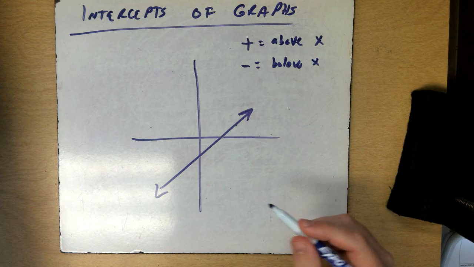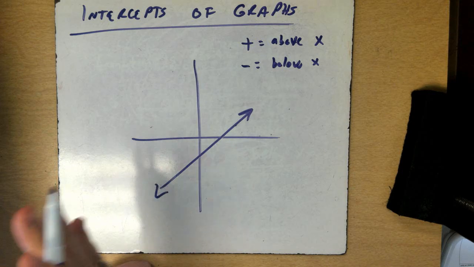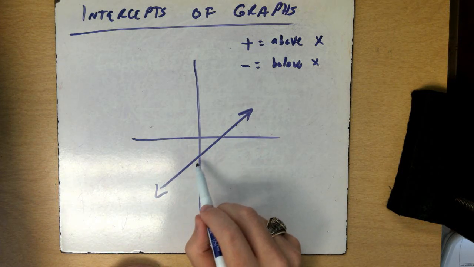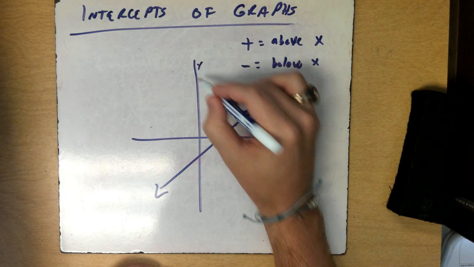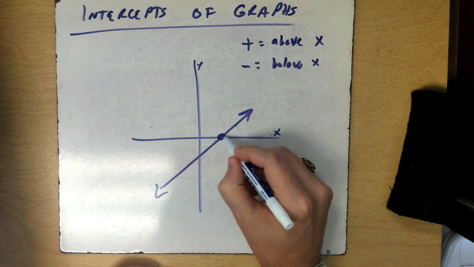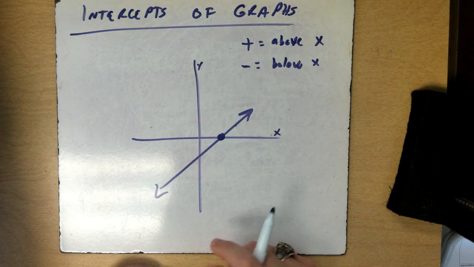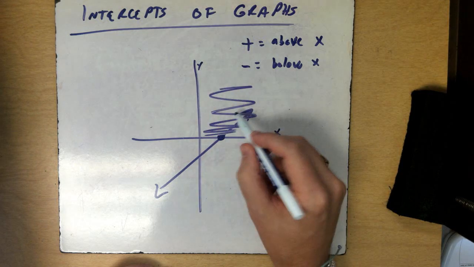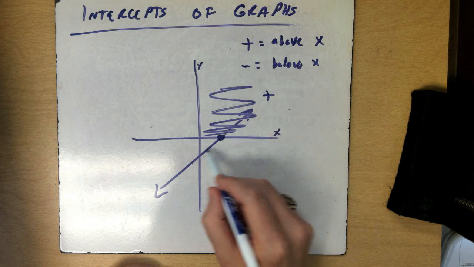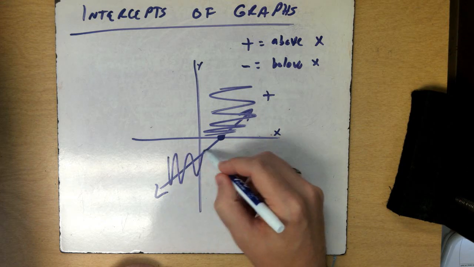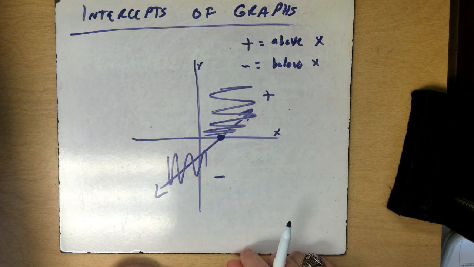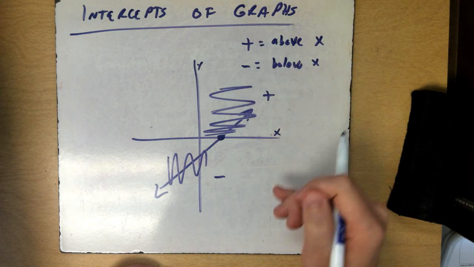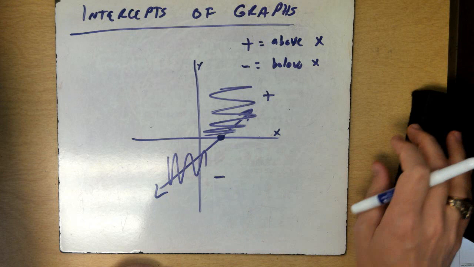If I go from left to right, like reading, and I look to see where our graph crosses the x-axis, it crosses it at this point here. That means everything above is positive, and everything below here is negative. So above the x is positive, below the x is negative.